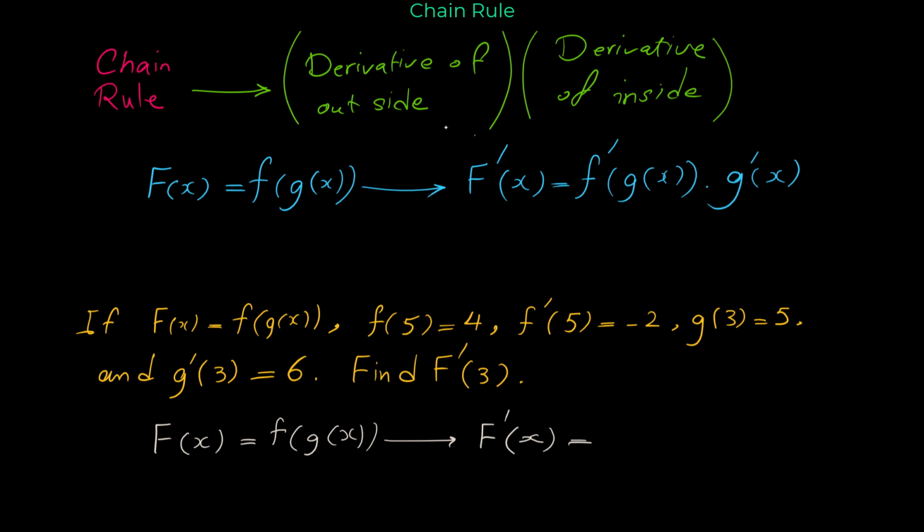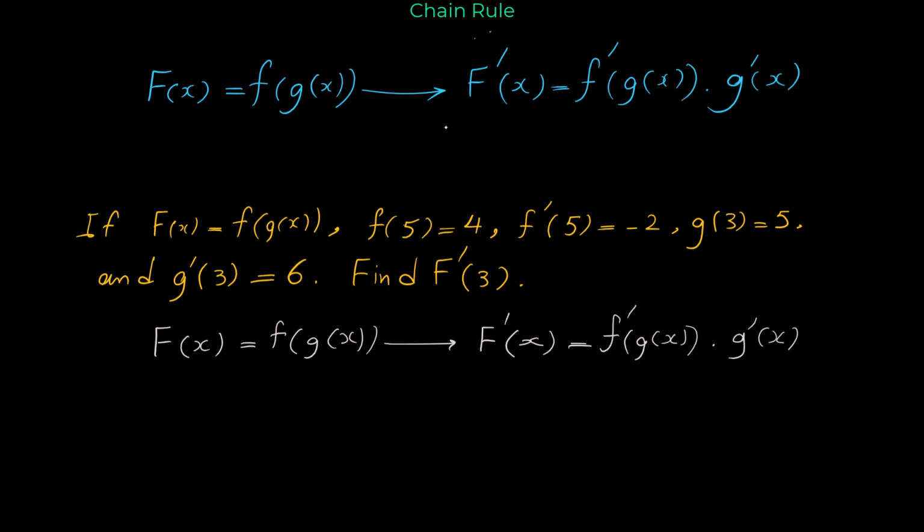Based on the chain rule, for finding derivative of this expression, we have to find derivative of the outside function, f prime of g of x, times it by derivative of the inside, g prime of x. Now we want to find f prime at 3, so we substitute 3 for x.